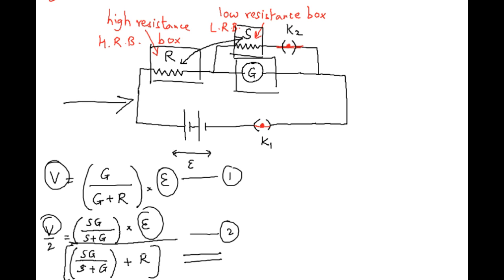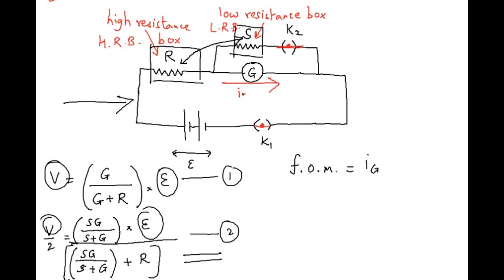Now the figure of merit is basically the current through the galvanometer divided by the deflection. So the figure of merit is galvanometer current. So remember, I'm talking about the current through this branch. Okay, that's the galvanometer current.